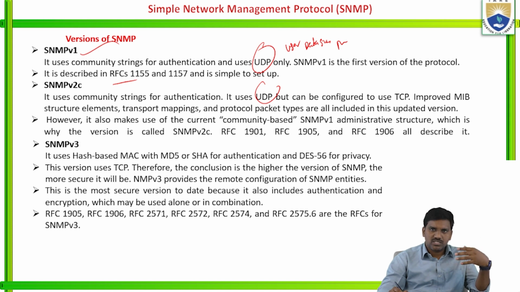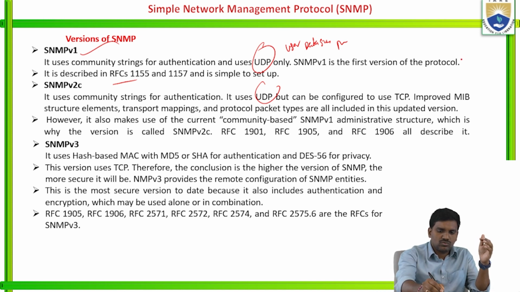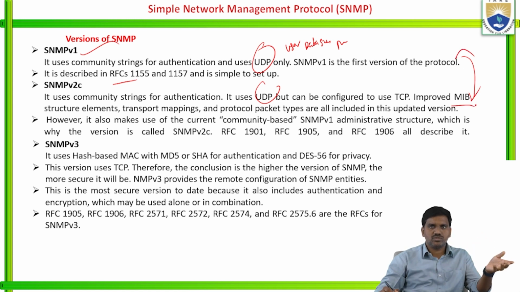It has an improved MIB structure element. Compared to V1, the management information came into force. It can describe 8 types of elements we already know, like ICMP, UDP, EGP, transmission, address translation, security, like that.